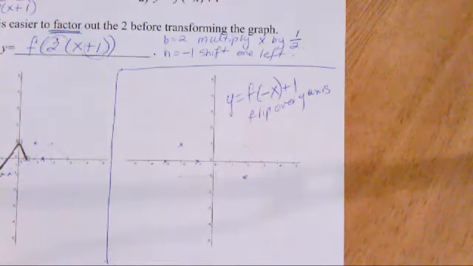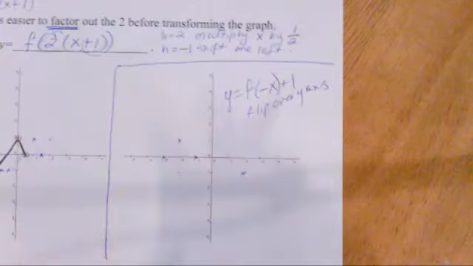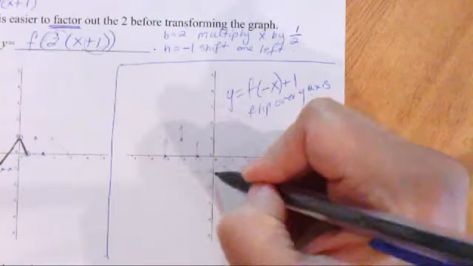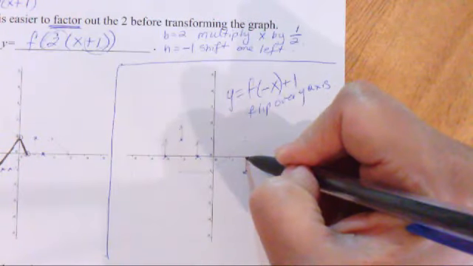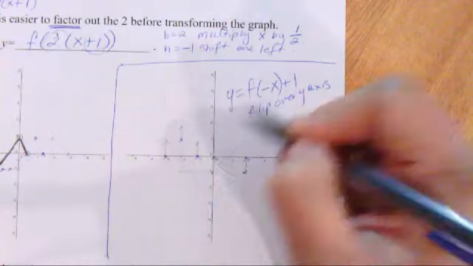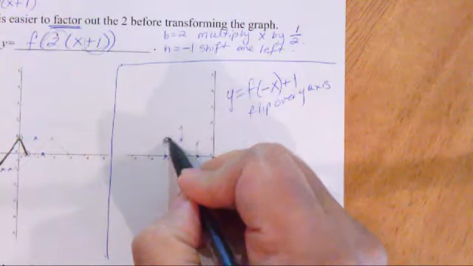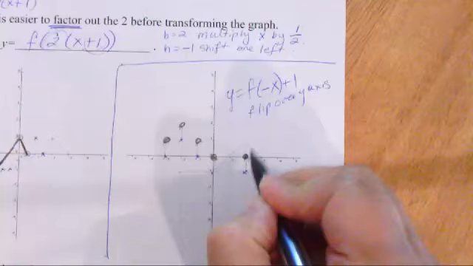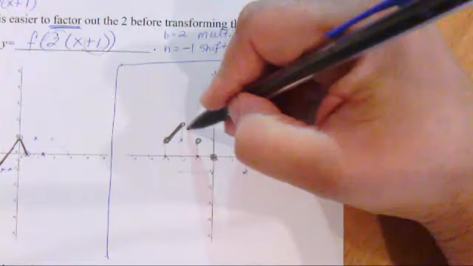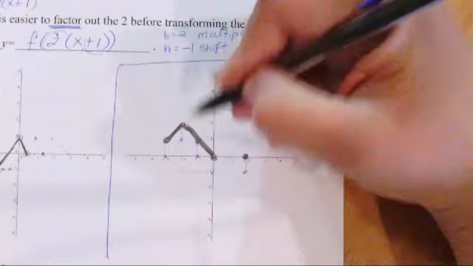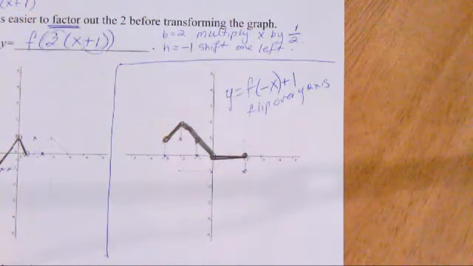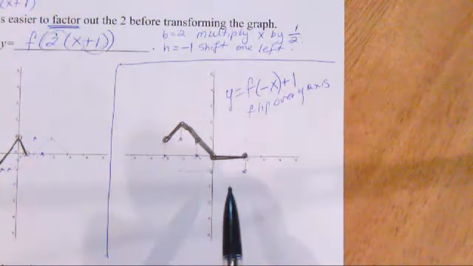All right? And now we're going to move everything up 1 unit. So this goes up 1 unit, and up 1 unit. Sorry, this needs to go up 1 unit as well. Okay, so now I've got this here, here. And you want to make sure that you're maintaining the correct shape so that you're doing everything correctly. I should use a ruler, but I'm not. Okay, so there you go. That's your graph of D.